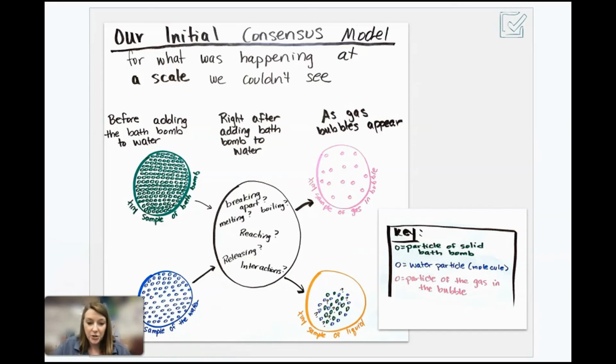Those all seem to have question marks, so it sounds like there's some uncertainty with this class. Then as gas bubbles appear, there's a tiny sample of the gas bubbles with pink circles, and a tiny sample of the liquid that looks like a mixture of the green circles, which would be the solid bath bomb, some blue circles, which would be the water, and some question marks, so maybe there's something more in there. Maybe yours looks like that, maybe it does not. This is what this class consensus model looks like. Be sure that you check out your class consensus model when you return to class.